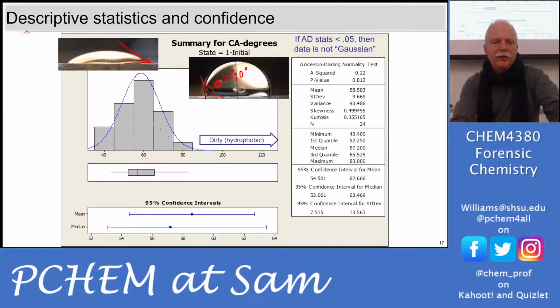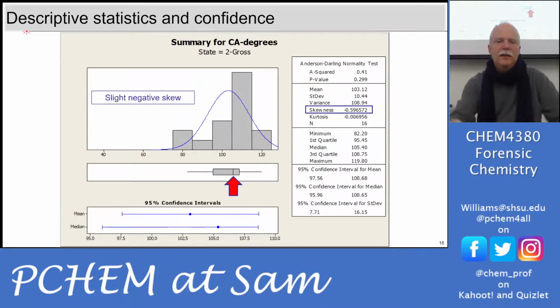We did 24 measurements on these aluminum coupons, and then we got them dirty with grease. And so this is a gross contamination of grease, and so we see that the data has moved up to over 100 degrees. There's some that are as low as 80, but most of them are 100 or above, and so that's what we would call a dirty coupon.